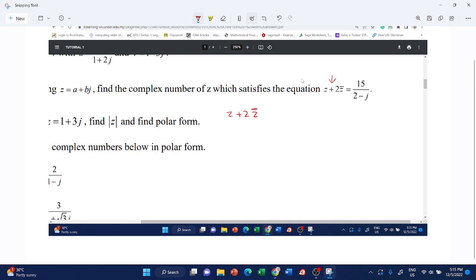Yes. So kalau z is your a plus bj, so your conjugate means a minus bj. Okay, so bila kita masuk dekat sini, so kita ada like this one. Okay, z conjugate a minus bj.